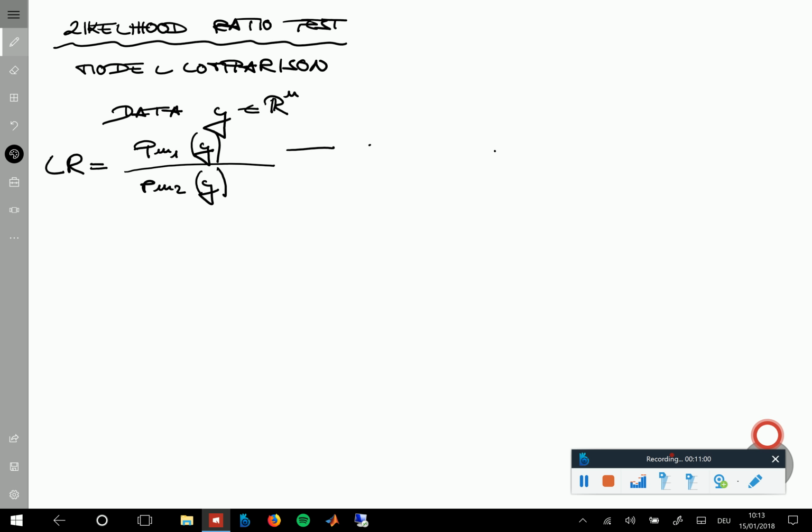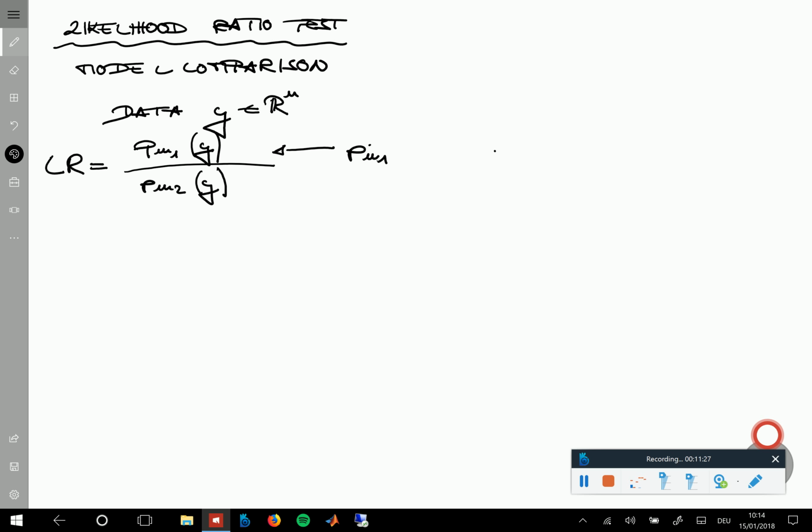These probabilities refer to the probabilities or the probability densities that you get after estimating your parameters. You know that we have some parameters in the GLM, for example, and that we can estimate them. If we want to apply this criterion, we first have to estimate the parameters.